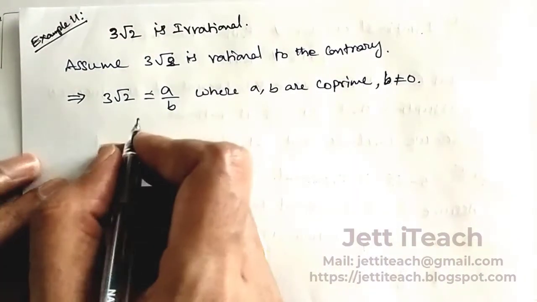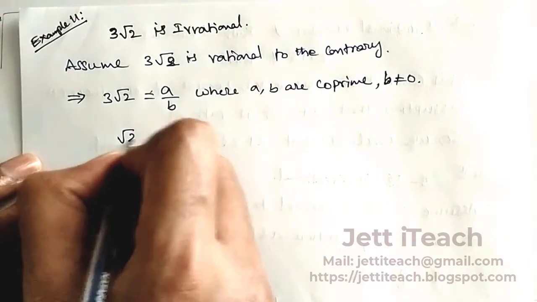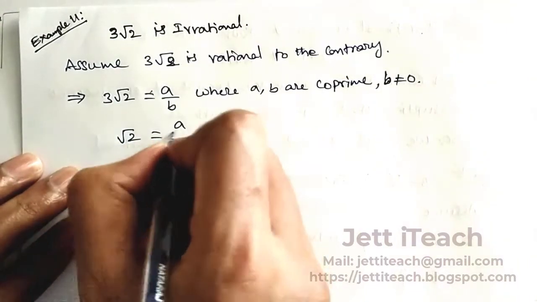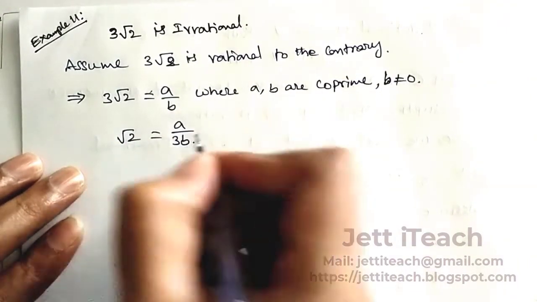If you simplify this one, root 2 equals a by 3b.